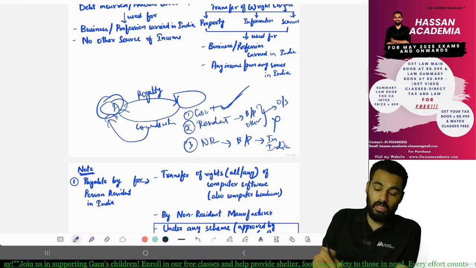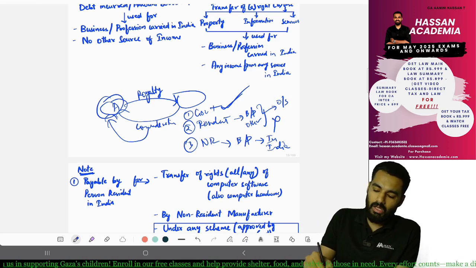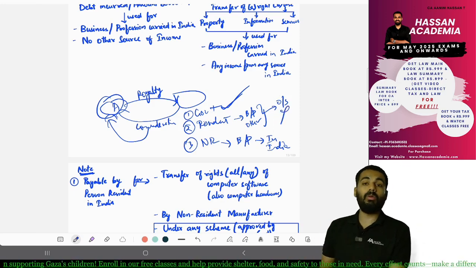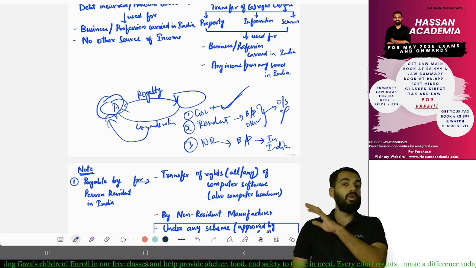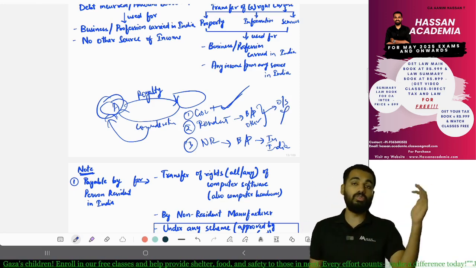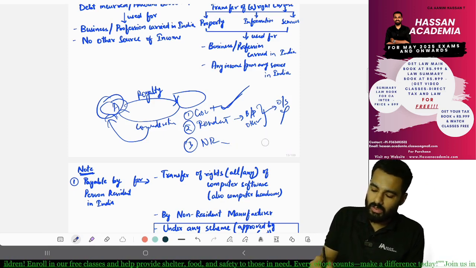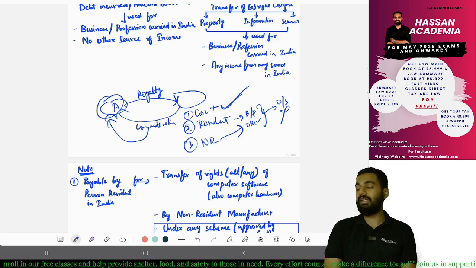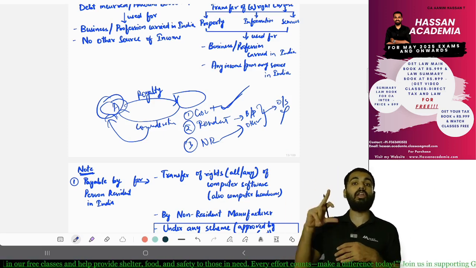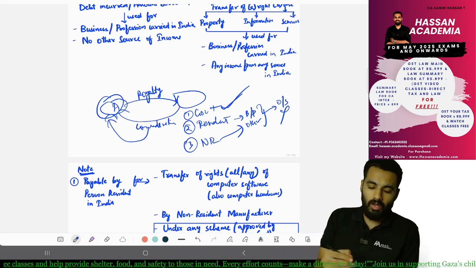But if it is a resident, you have to see whether business or profession or other than business or profession was not done outside India. You have to see if he is doing it in India, then yes. But if he is a non-resident, you have to see that business or profession or other than business or profession, he should not carry on it outside India. He should carry it in India. Yes, this is for royalty.